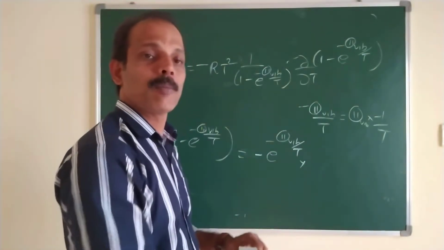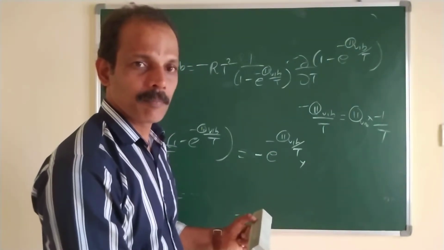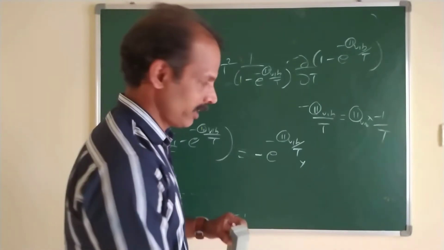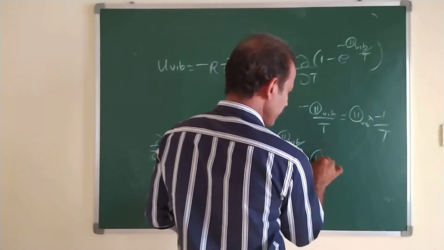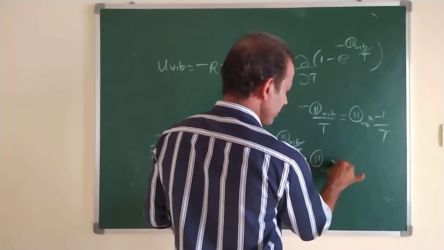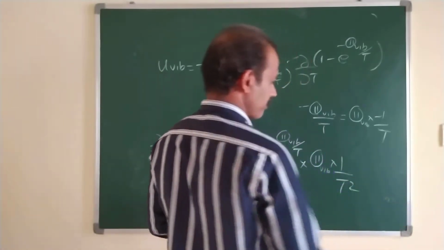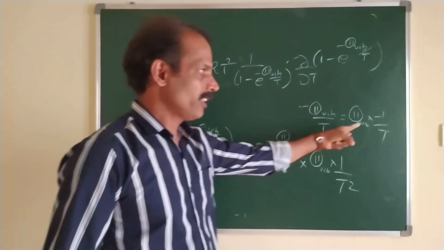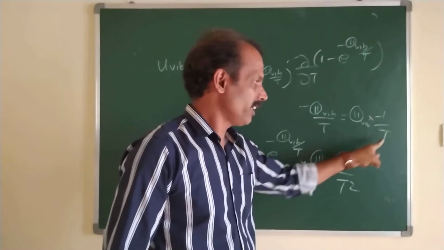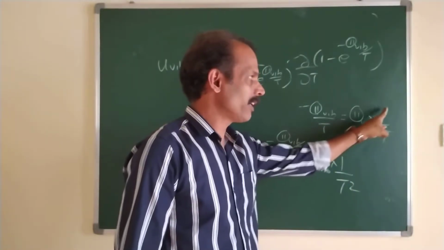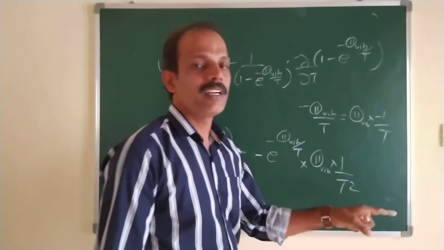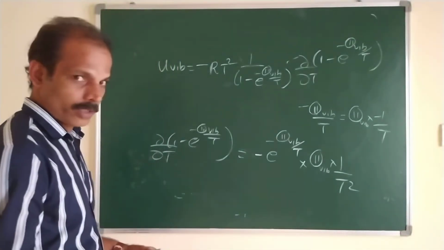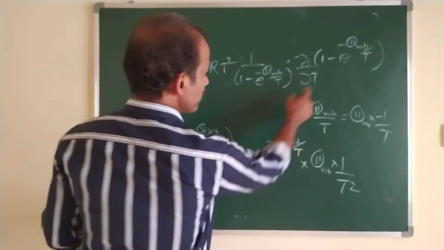The differential of minus 1 by T is simply plus 1 by T square, into theta vibrational into 1 by T square. If it is 1 by T, we get minus 1 by T square, but it is minus 1 by T, so we get 1 by T square. Okay? So we are substituting this value here.